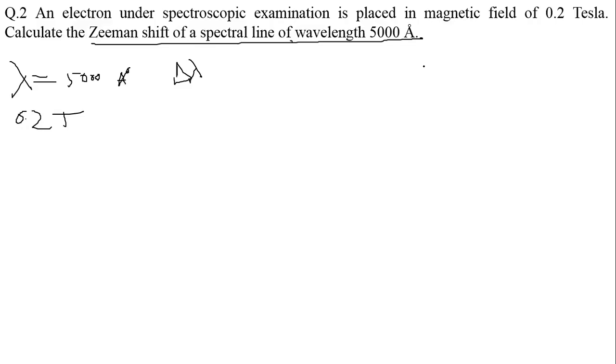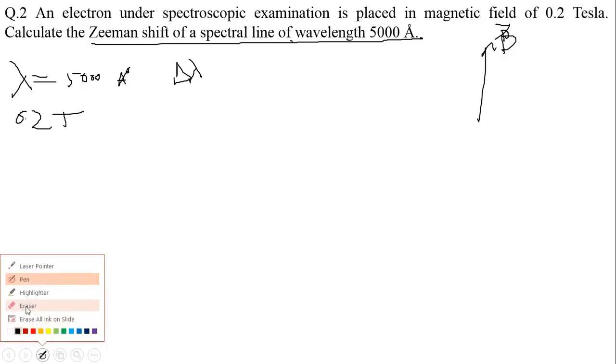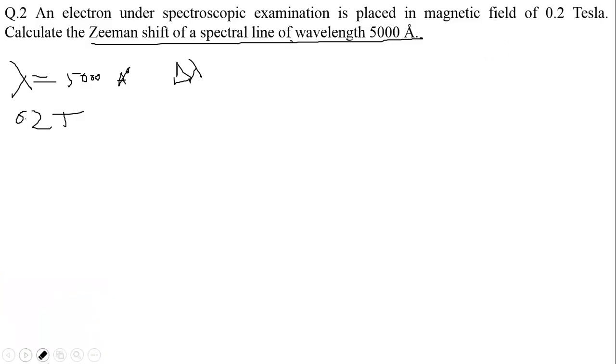When a magnetic dipole is placed in a magnetic field, it experiences some force, and the magnetic energy is given by mu_l into B, where mu_l is the orbital dipole moment and B is the magnetic field. Due to which it experiences a torque, and if this is the magnetic field B vector, then, sorry, let me erase this.